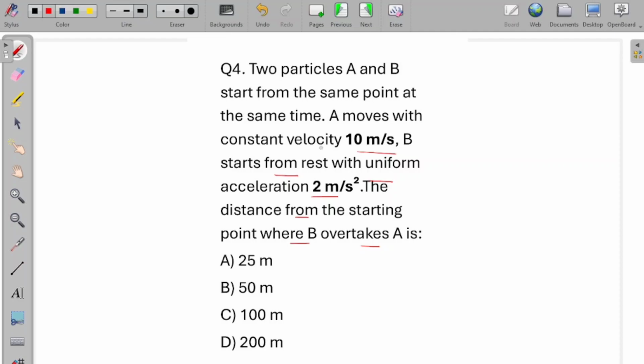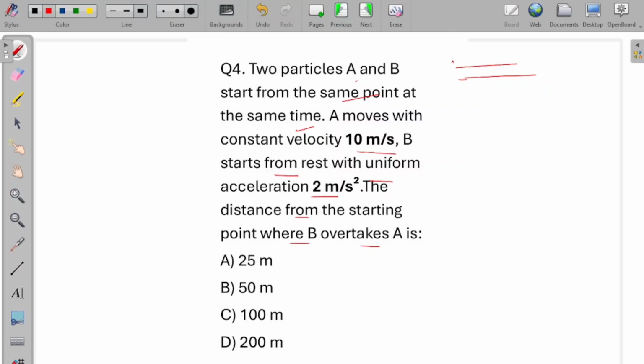I will take your time in explaining this question, but you need to understand it fully before you get to solving this. So, two particles A and B are moving. Let's assume this is A, let's assume this is B. Two particles are moving from the same point at the same time.